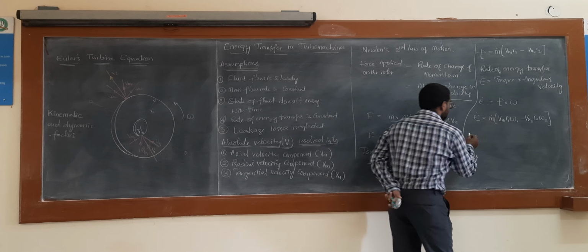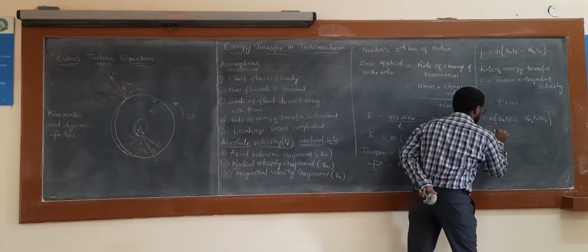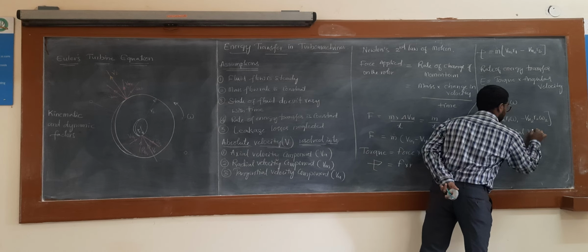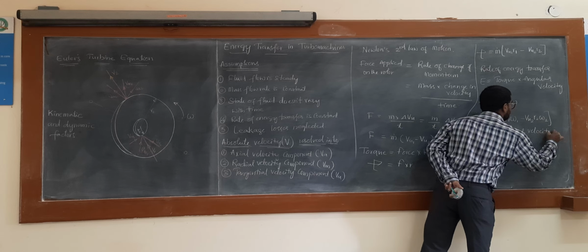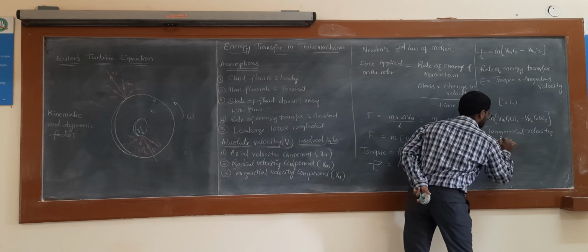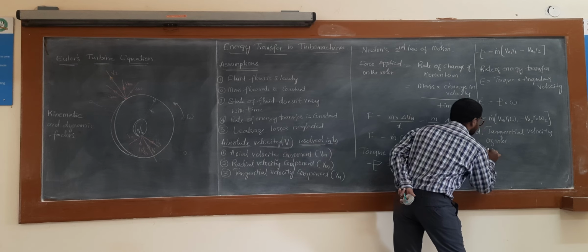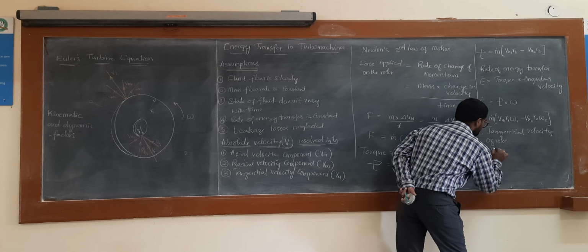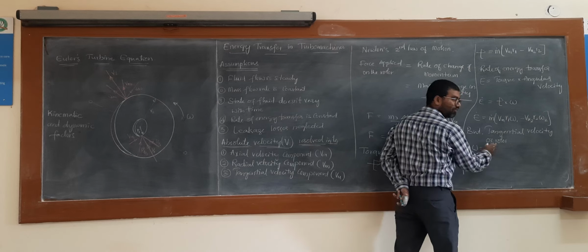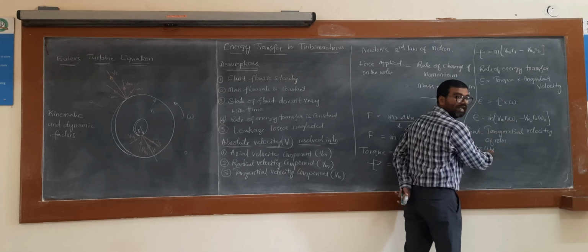Now we can write the tangential velocity of the rotor, that is U, as the product of angular velocity into radius.